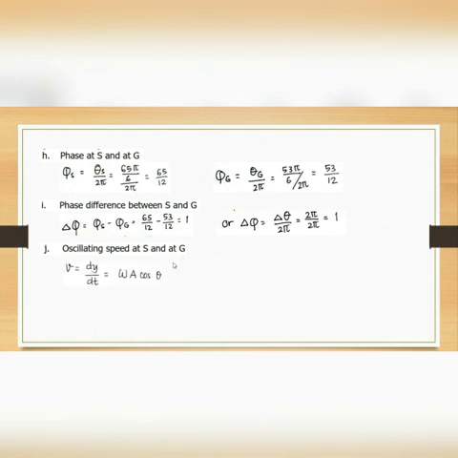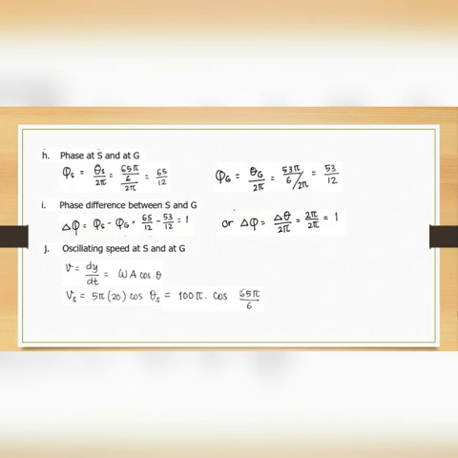Oscillating speed is given by the derivative of displacement. So it will be equal to omega A times the cosine of theta. So the speed at S will be omega times the amplitude times the cosine of theta S. So it will be equal to 100 pi times the cosine of 65 pi over 6.